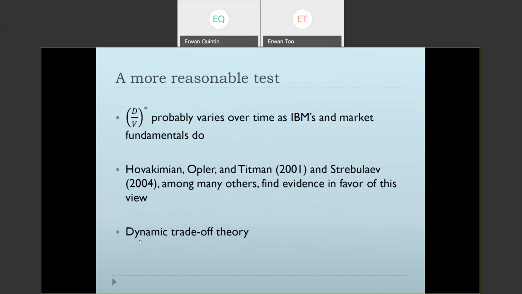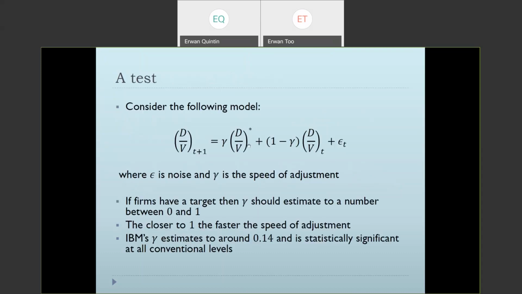And so this gives rise to a more evolved version of the trade-off theory, which is called the dynamic trade-off theory, which here I'm citing a couple papers that have tested that theory. And all you do here is you basically add to this regression fundamentals other than this constant and the most recent leverage ratio.